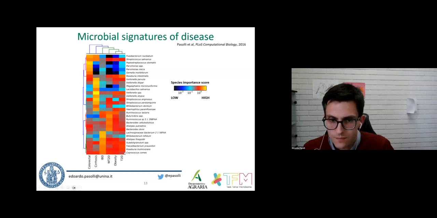We saw how the presence of some species was significant for the classification, not just in a single study or a single disease, but they were quite important in multiple diseases.